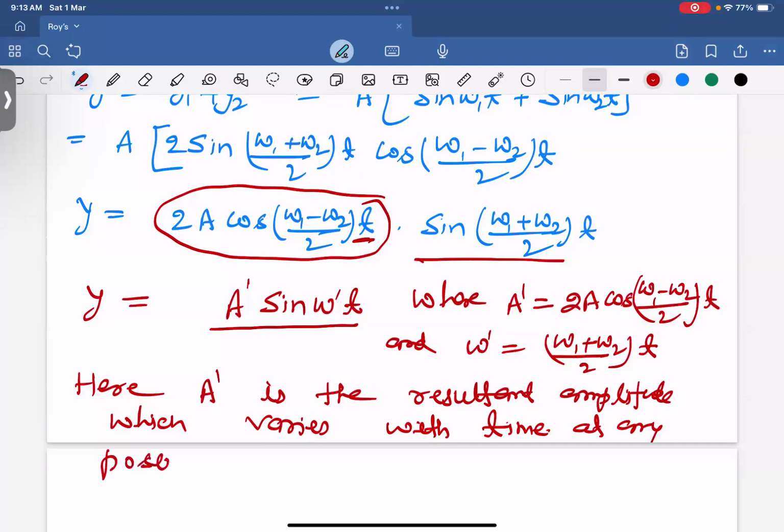So if you are standing at one place, what you will feel is that amplitude is becoming maximum, then minimum, becoming zero. So that is called a beat. Like music, we hear one beat, then there is a gap, then again we hear another beat. That gap means at that point amplitude is zero, minimum, and when you hear it, at that time amplitude is maximum.